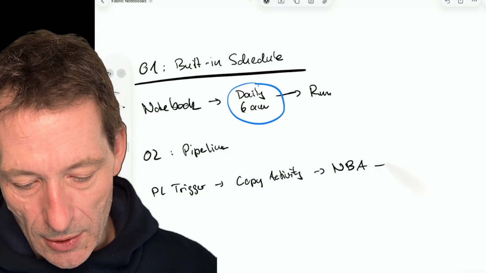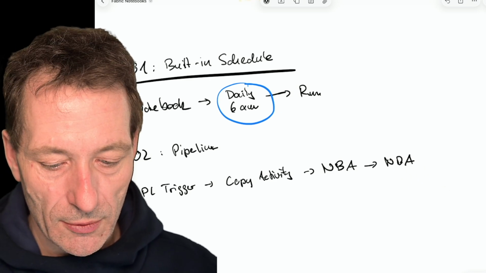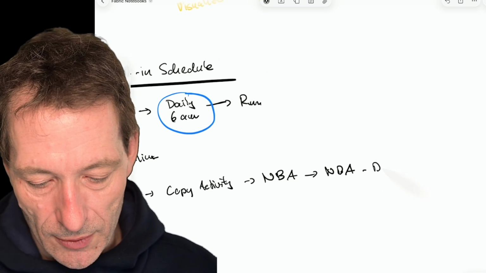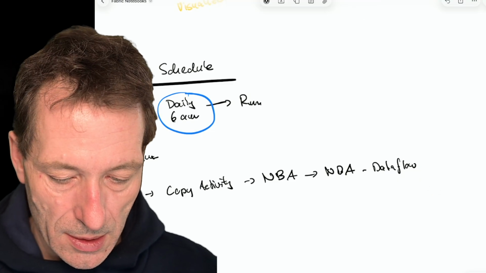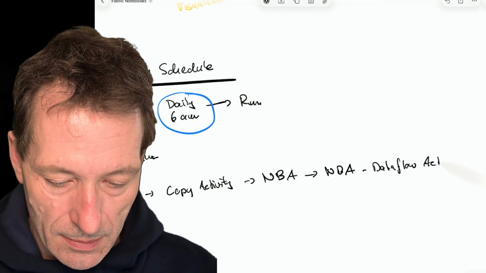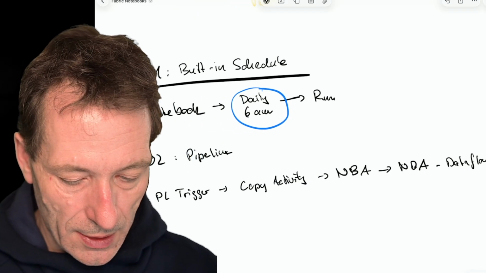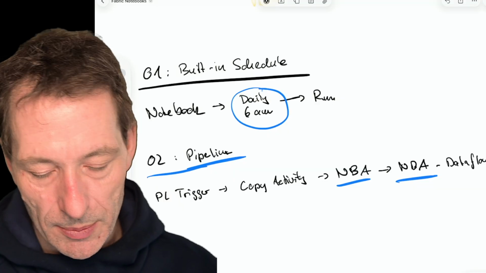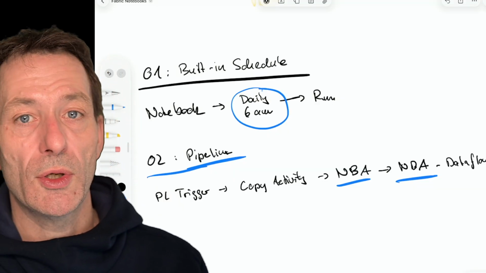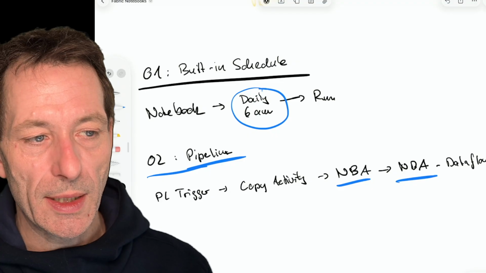Then you might have the next notebook activity. And then you might have, let's say, something like a data flow activity. Right? And so these you can use right in the pipeline. So pipeline is very, very handy, and you have more control. You can prepare the stuff in a more sophisticated way.